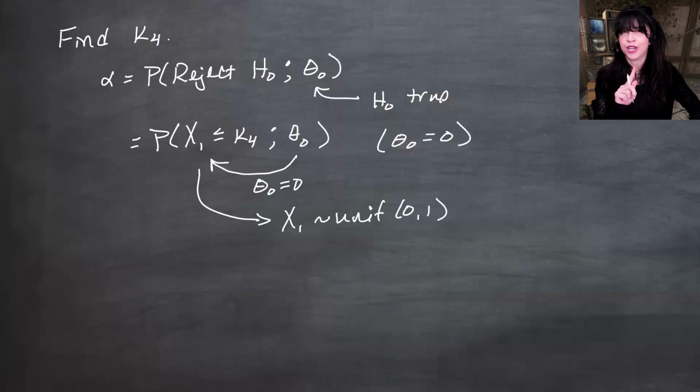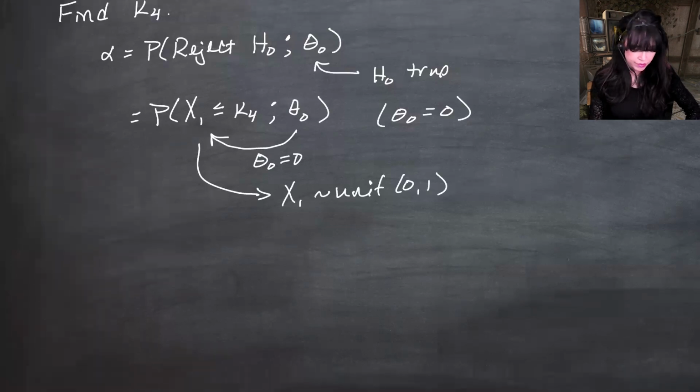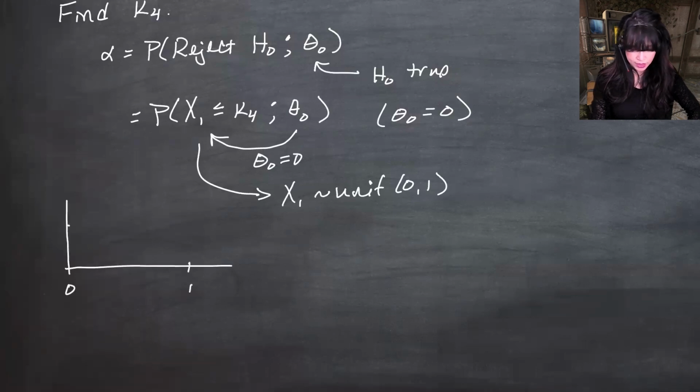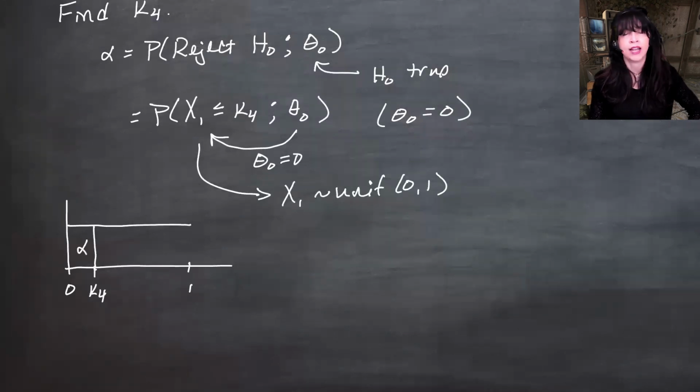And because our sample only has size 1, we can find this pretty easily. If you imagine a uniform PDF on 0 to 1, it's going to be of height 1. And so we want to find a number, k4, that x1 will be less than or equal to with probability alpha. Now, alpha is the area of that rectangle, and the height is 1. And this means we need k4 to be alpha.